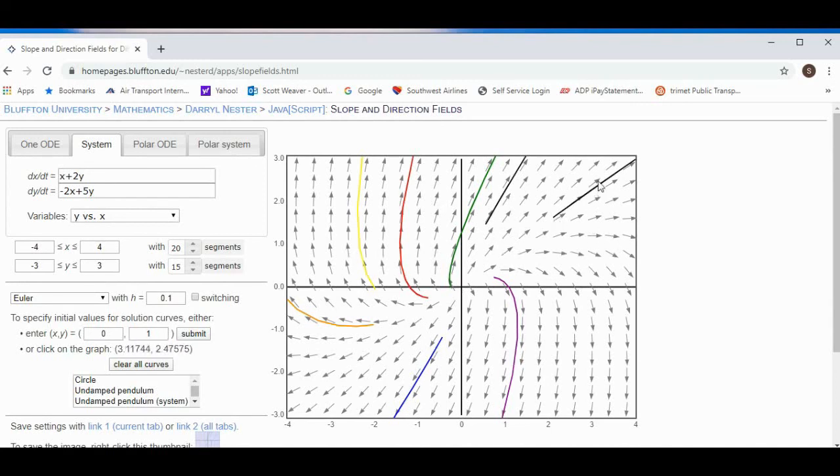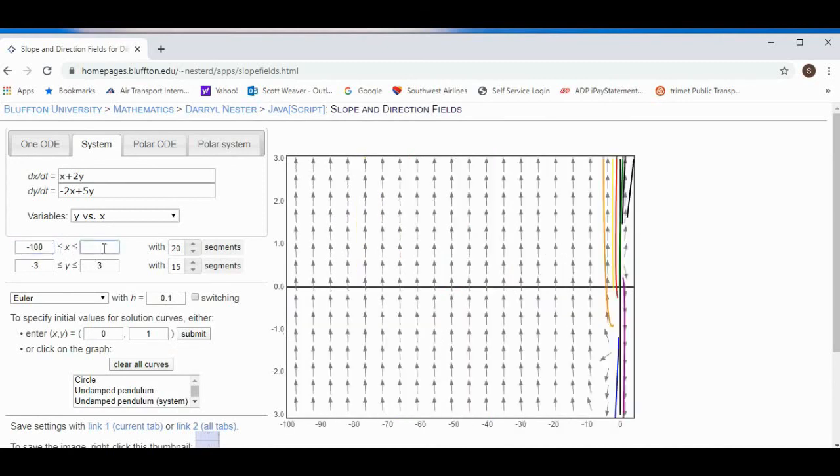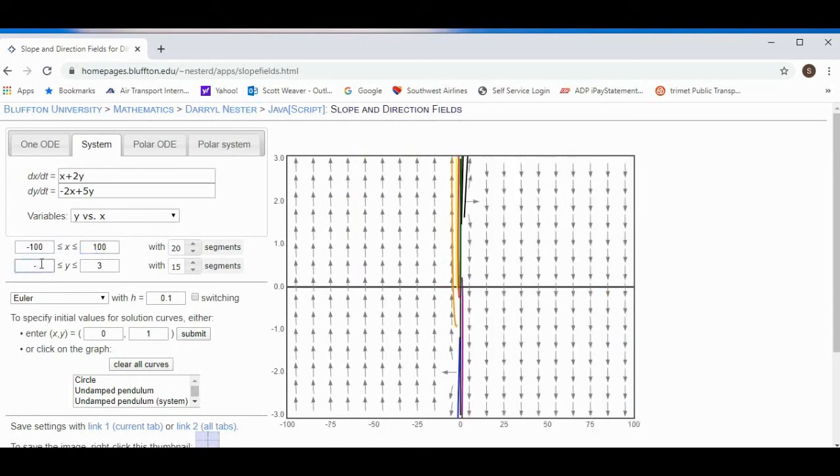For our initial conditions, it's over here, and it's going to go all the way around and eventually end up parallel to the V1.